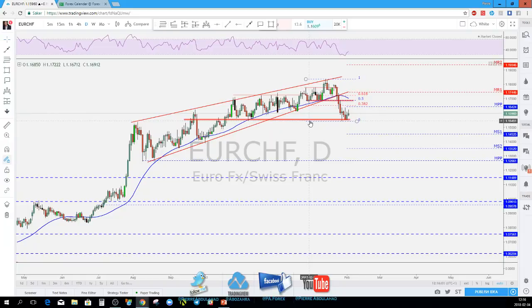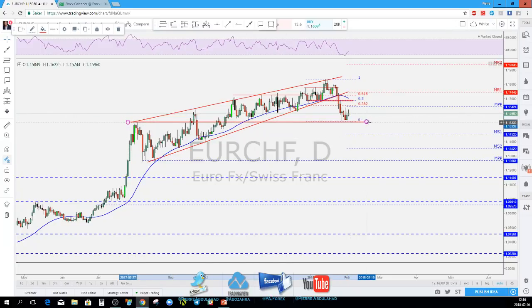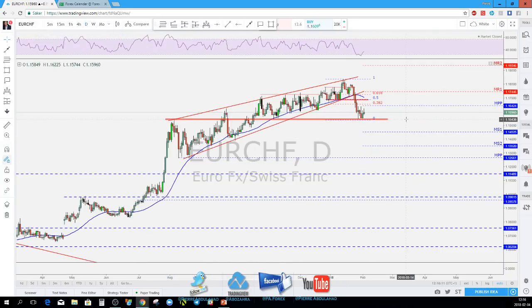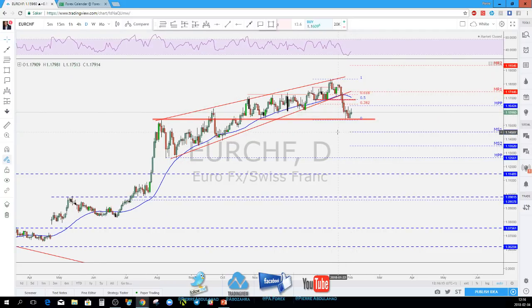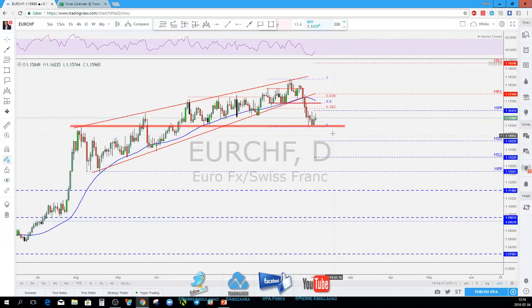Now we reached this area that we expected it to hold as a possible support based on this structure here, and it did hold so far. But I think this strong move to the downside may continue lower, probably after a correction higher.